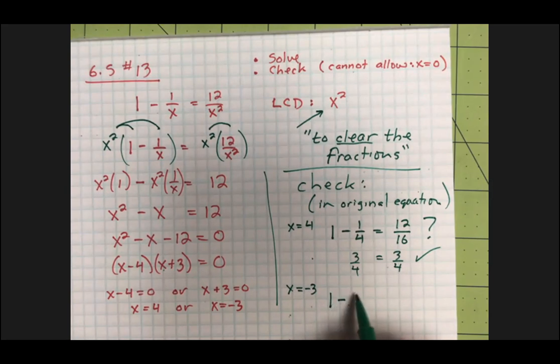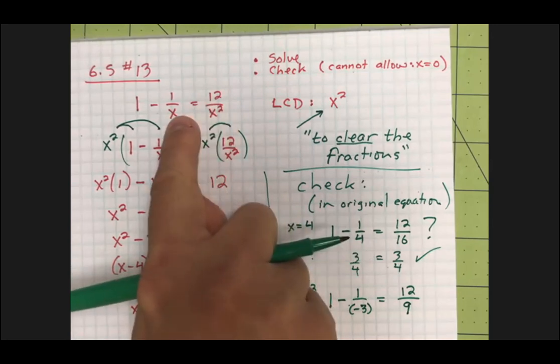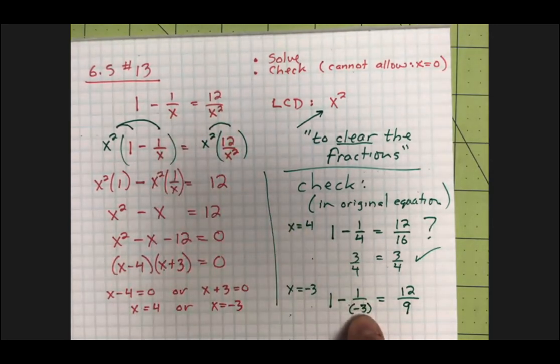Watch your signs. 1 minus 1 over -3. Is that the same as 12 over +9? When you square -3, you get +9. You put the -3 in there, you've got to respect that negative sign. 12 over 9, if you cancel 3, is 4/3. And this actually says 1 plus 1/3. 1 plus 1/3 is 4/3. 1 1/3. The answer is yes.